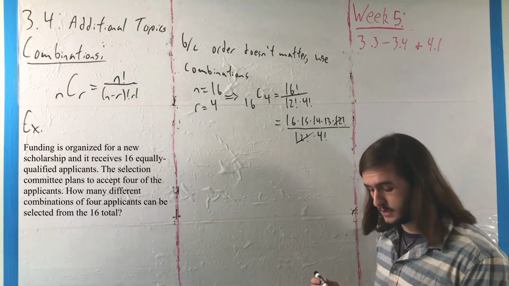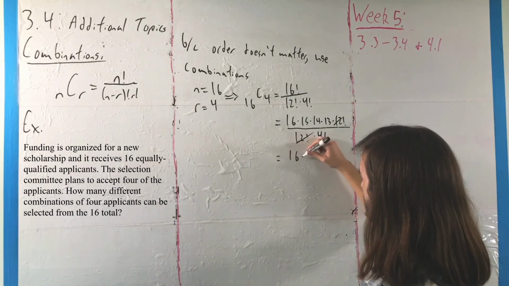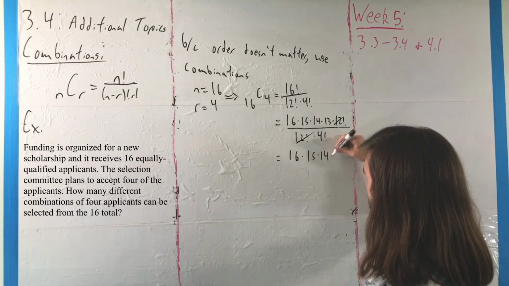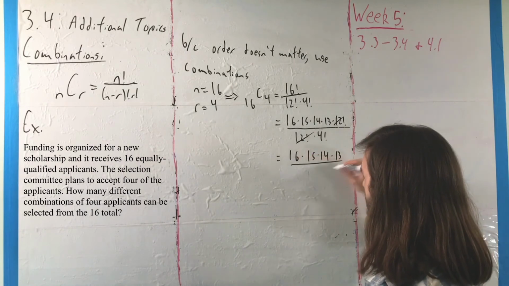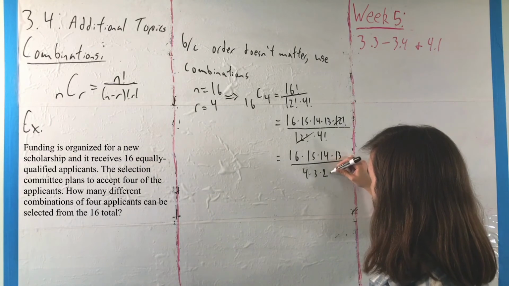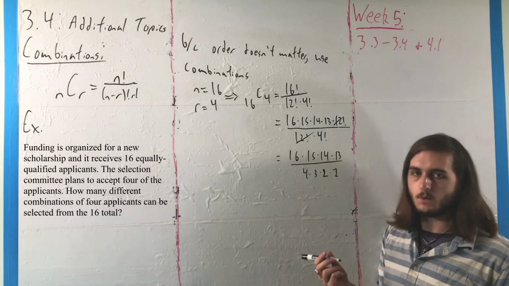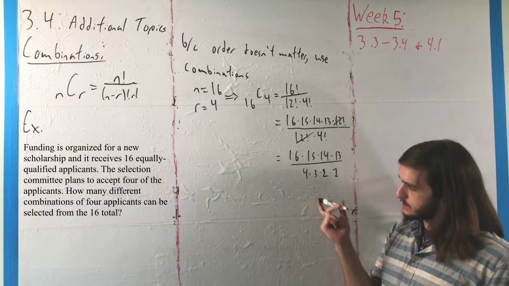So the 12 factorials are going to cancel, and we'll be left with 16 times 15 times 14 times 13 over 4 times 3 times 2 times 1, just to be clear that there is a 1. And then you can start canceling some terms.